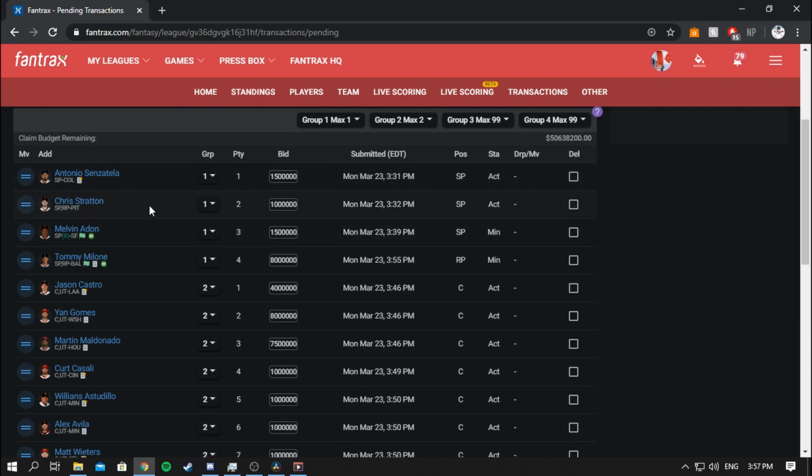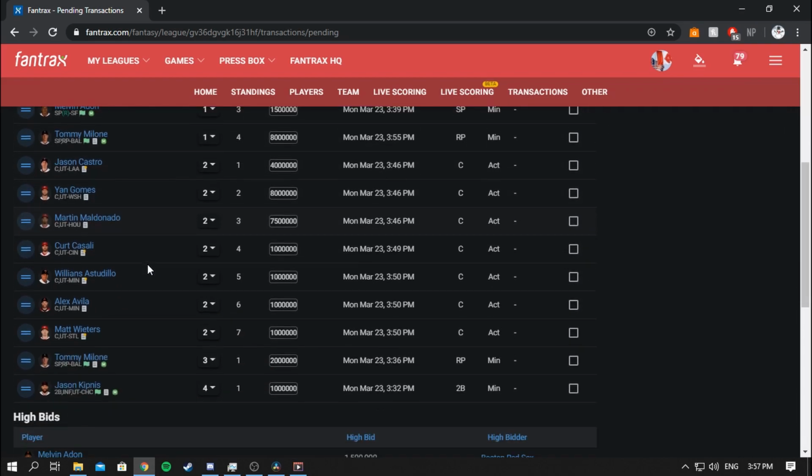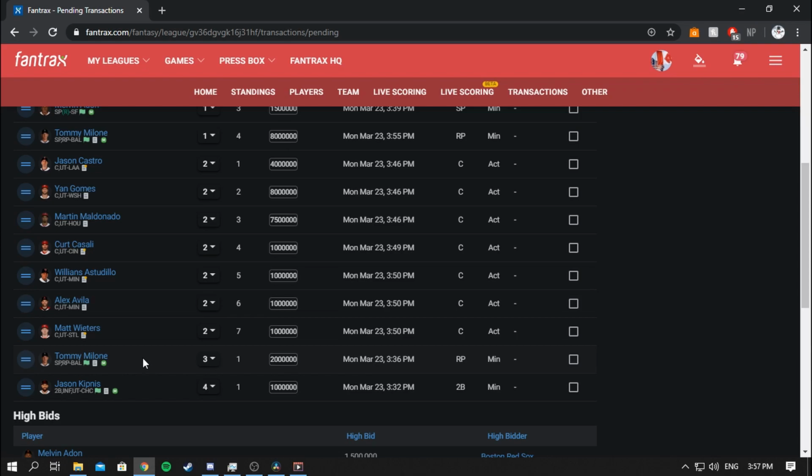So if that failed and that failed and that failed, now we're down to Tommy Malone for $8. That bid won't go in unless all these other things fail. If I fail to get Senzatella, Stratton, or Adon for these prices, it'll get down to Tommy Malone. Now that said, over here there's already a bid for $2 million, so that one should kick in first.